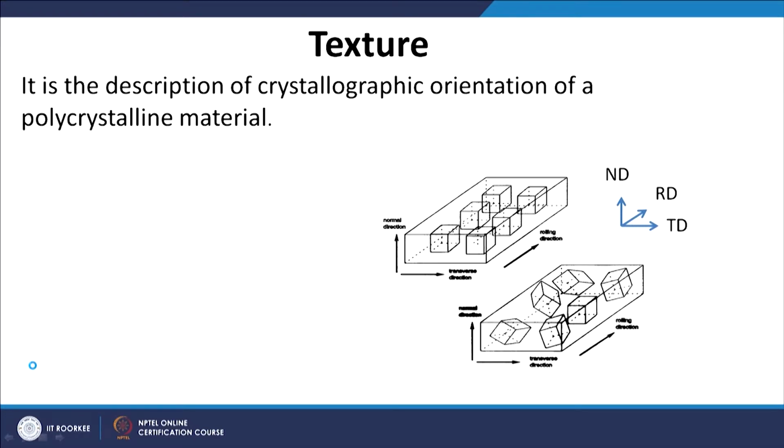For example, in one grain the unit cell is like this, in another grain it may be like this, and in another like this. If all the unit cells in the individual grains are randomly oriented, then we would call it a weak texture or random texture. There is no particular way the unit cells are arranged in the individual grains.